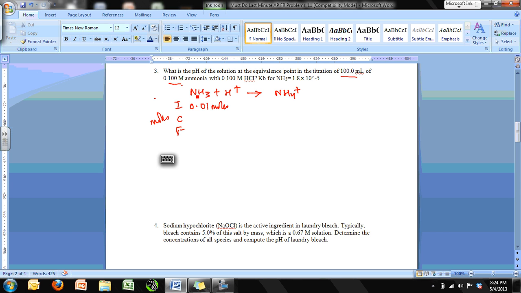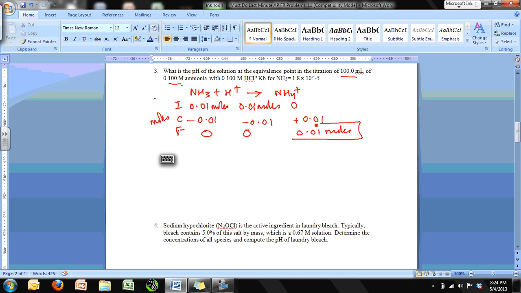And because it's at the equivalence point, and because ammonia and HCl react in a 1:1 mole ratio, if it is 0.1 molarity HCl reacting with 0.1 molarity ammonia, we can assume that it is 100 mL of HCl as well. So we have 0.01 moles of H plus as well, and initially there are no moles of ammonium. Change will be minus 0.01, minus 0.01, plus 0.01. So after the neutralization, you have no ammonia, no H plus, and 0.01 moles of ammonium.